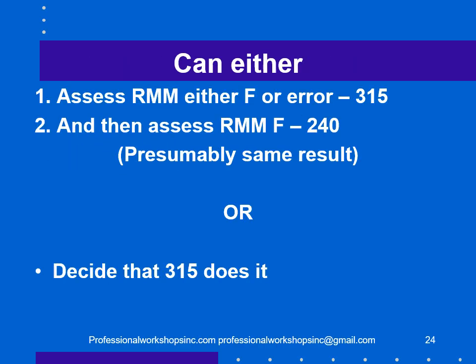So, as a practitioner, you can either do the assessment of risk of material misstatement of either fraud or error in 315, and then do it all over again in 240. Presumably you come up with the same result because you're doing the same things. Or you can just decide that 315 does it, or you can document with respect to fraud in 240, I did this and I've already done it, and it's documented elsewhere.